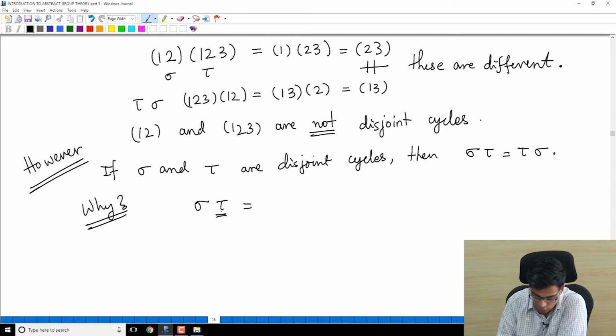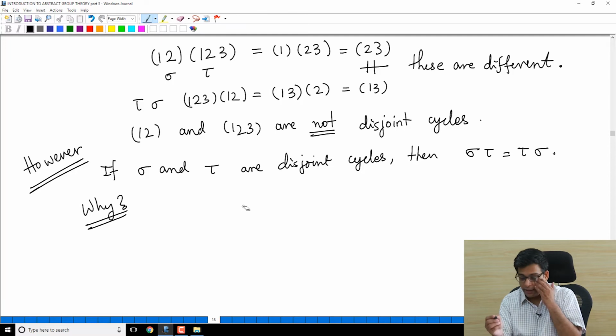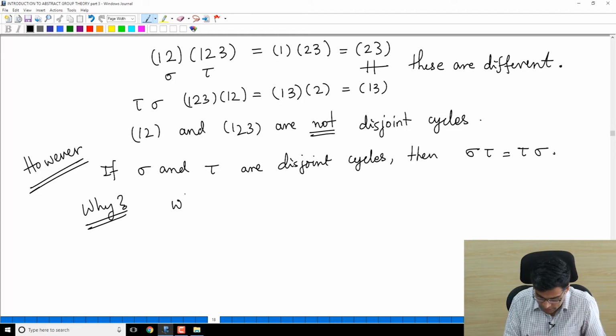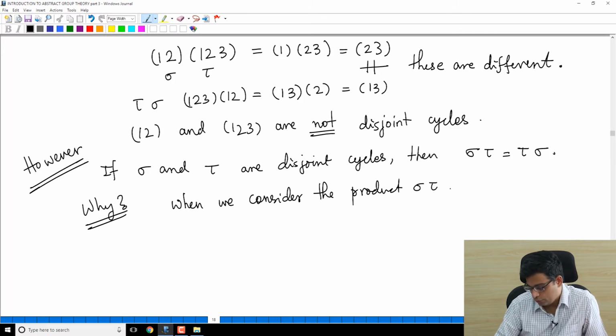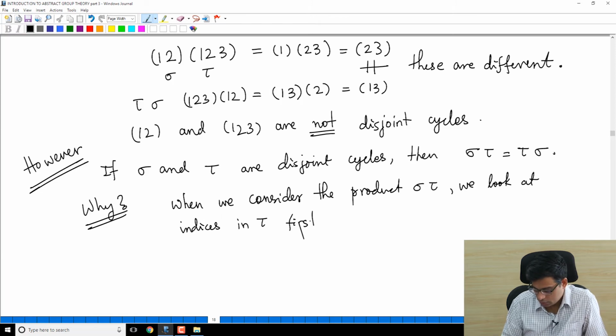But if there is no index that is common to both sigma and tau, whatever happens in sigma stays within sigma. So when we consider the product sigma tau, we look at indices in tau first, right?